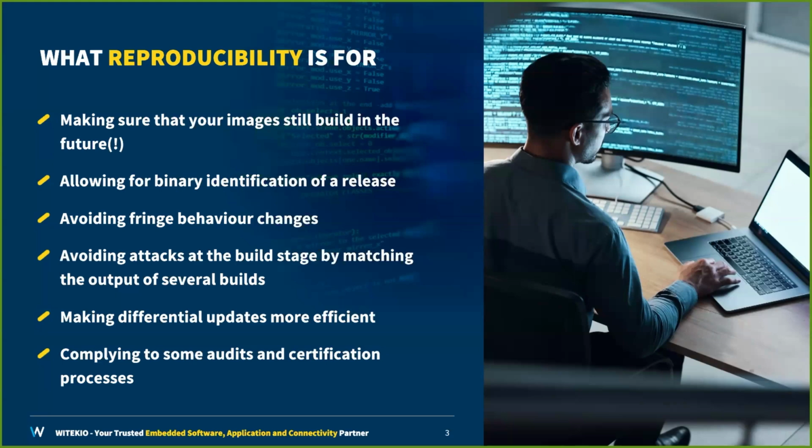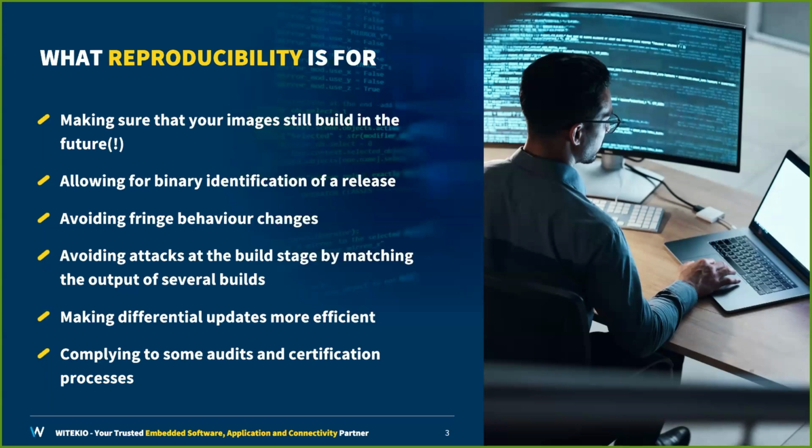You might also want, and that's a particular point of interest to me, to perform differential updates over the network, which need to be efficient. Bandwidth is costly. If you already have significant differences between successive builds of the same revision, imagine what it becomes when you build successive revisions.